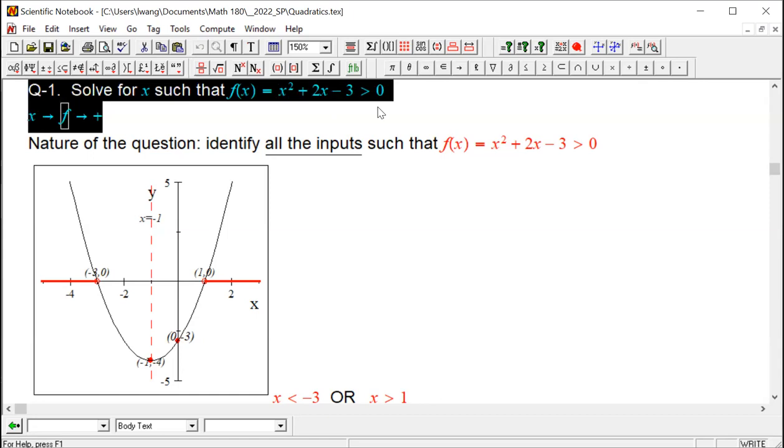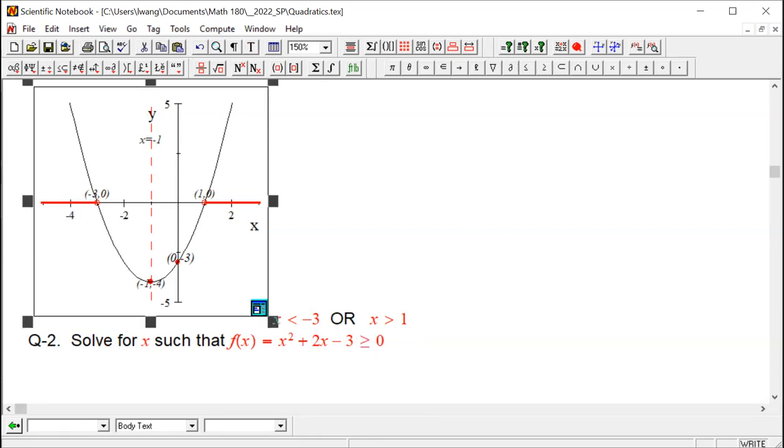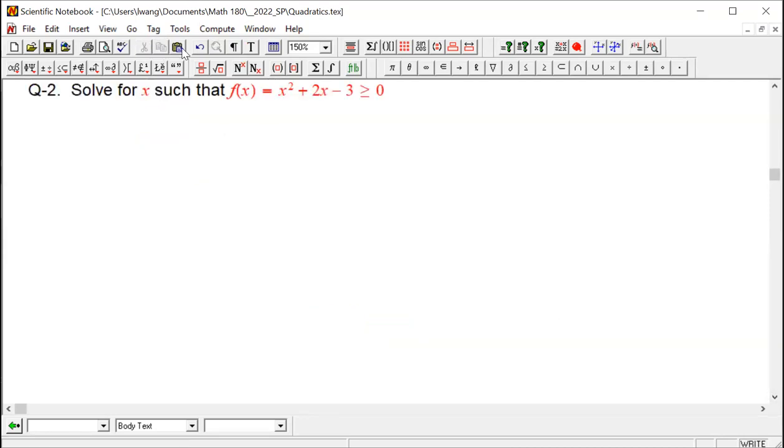Now let's look at question number 2. I'm asking for the same thing, but including 0, larger than or equal to 0. So what will be the answer?